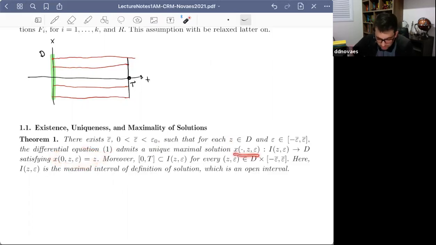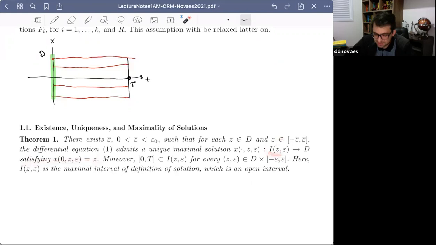This function denotes a solution of the differential equation (1) such that for t equals 0 it returns the initial condition of the solution. This is the Picard-Lindelof theorem about the uniqueness of solutions.